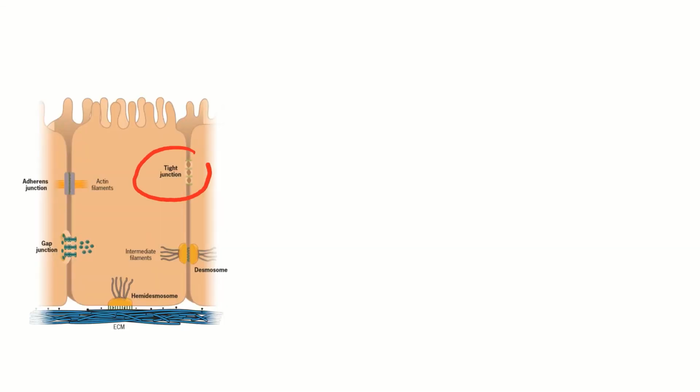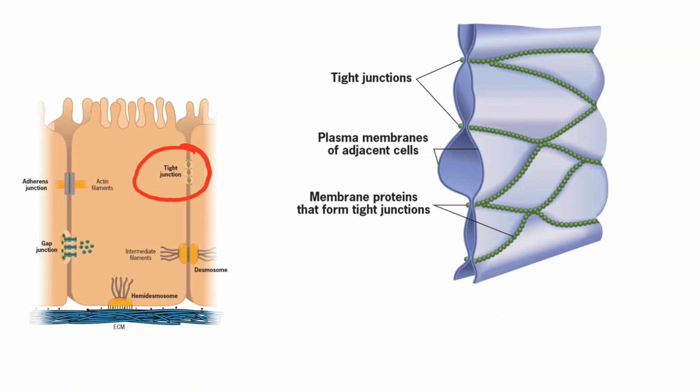Next, the tight junctions. The tight junctions appear like this, three-dimensionally. And it's sort of like there's a staple wire between the two cytoplasmic membranes of the cells.